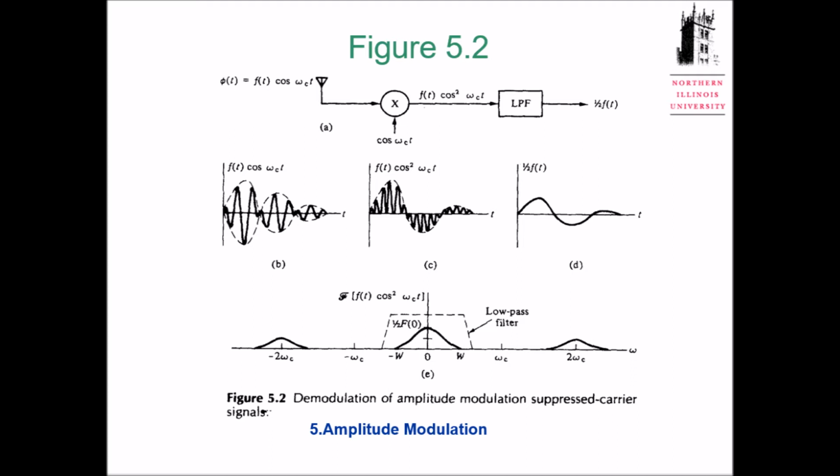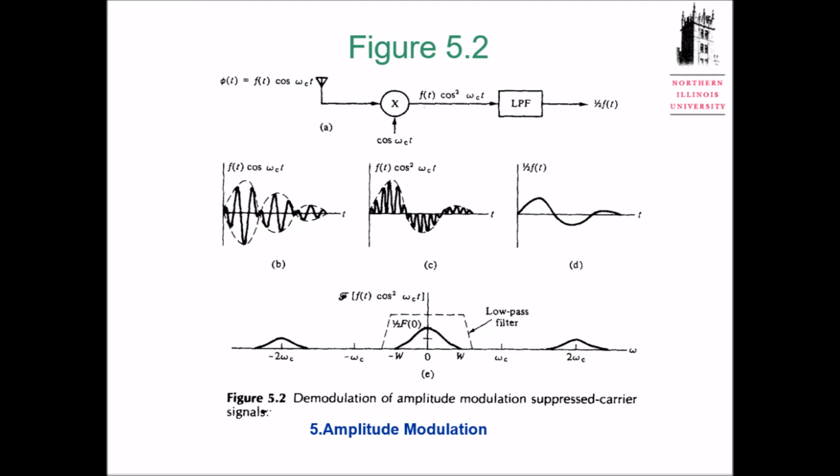Okay, this picture, we showed last time. Let's quickly talk about what happens at your receiver side. This is my modulated signal and my input. We know the envelope is no longer the same, but close.